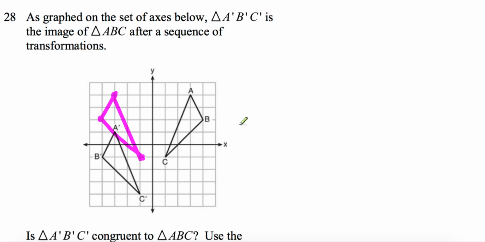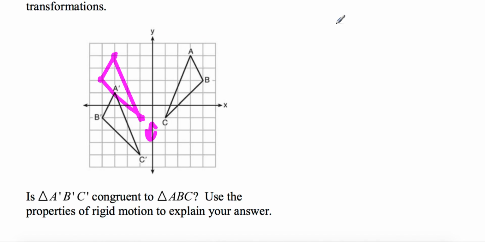So once we move over there, we can bring it down to make our A prime, B prime, C prime. So now that means we're looking at a reflection and then a translation.